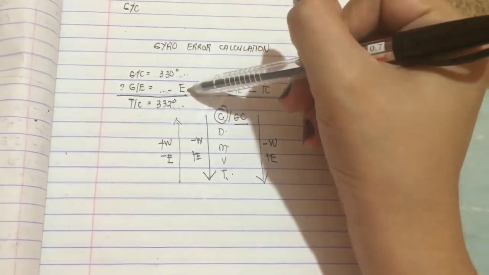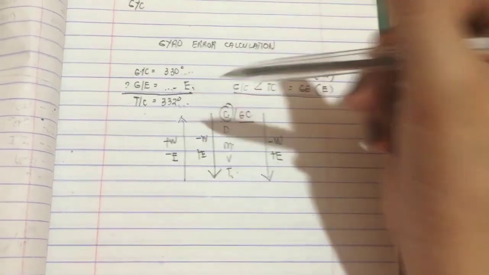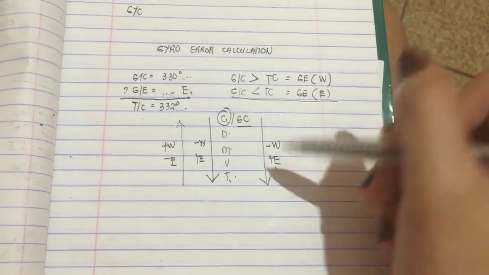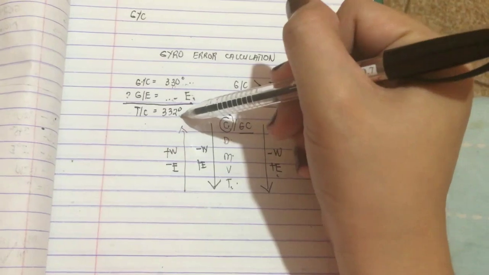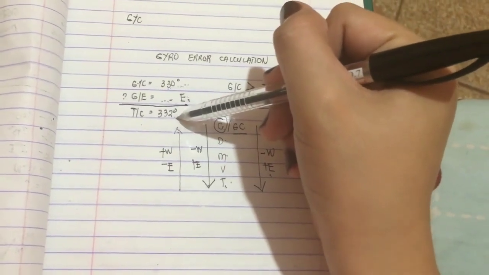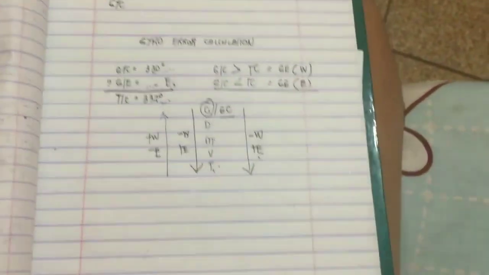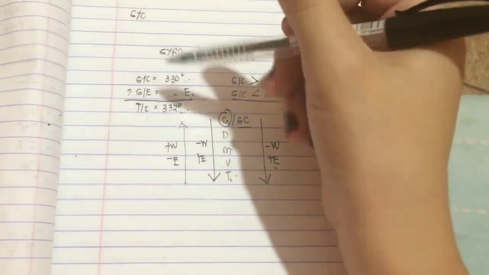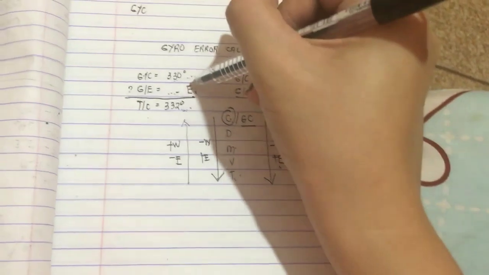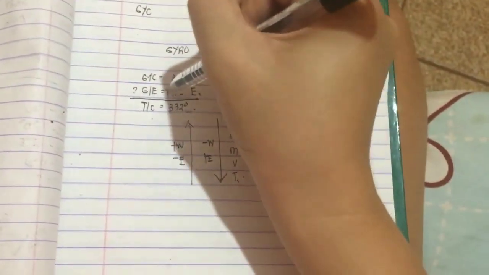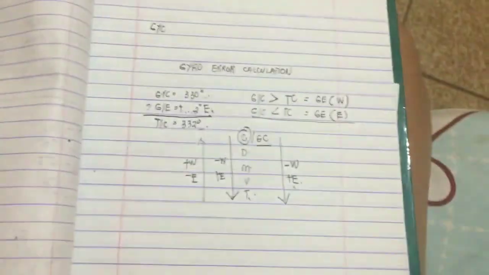Since we already have our direction, which is east, what should be added to gyro course in order for us to get the 332 degrees true course? Okay, so since this is east, we should add 2 degrees.